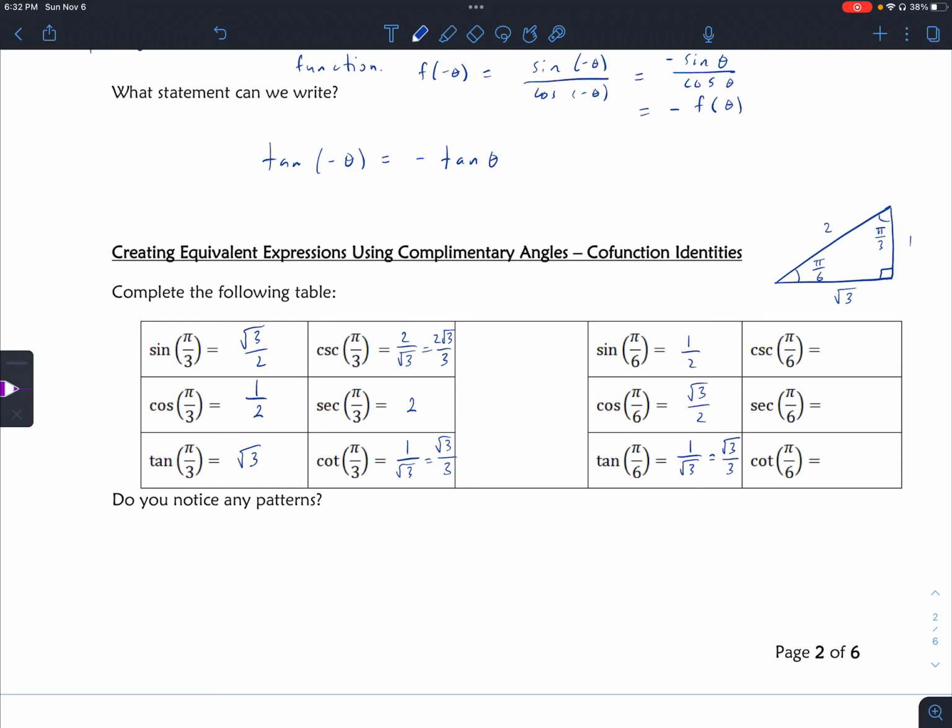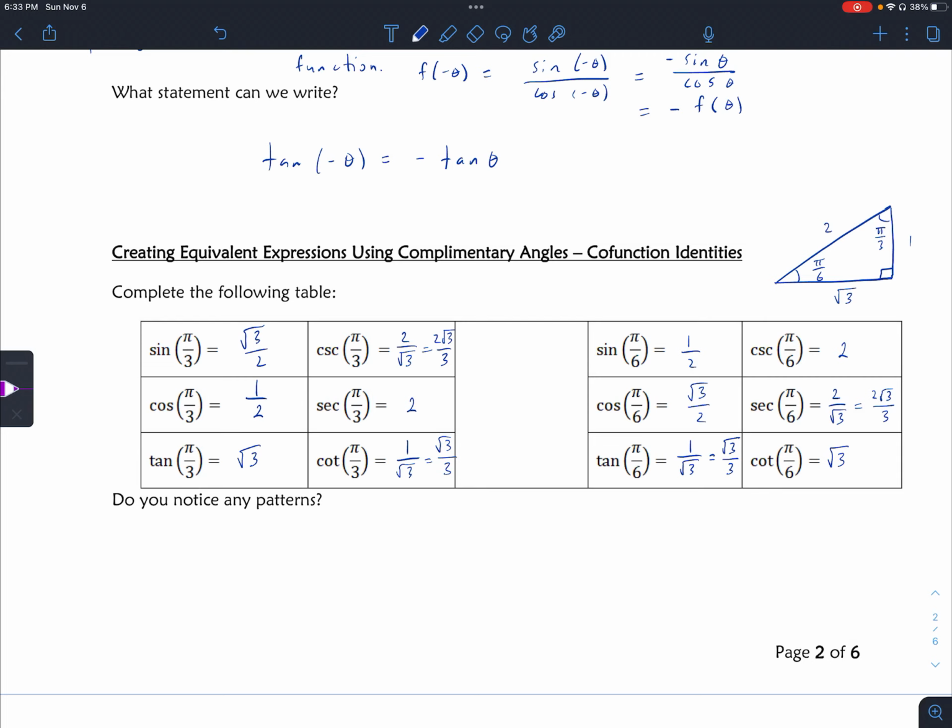Cosecant is the reciprocal of sine, so cosecant of pi over 6 is 2. Secant is the reciprocal of cosine, so this would be 2 over root 3, which is 2 root 3 over 3. And then lastly, cotangent, the reciprocal of tangent, would just be root 3.